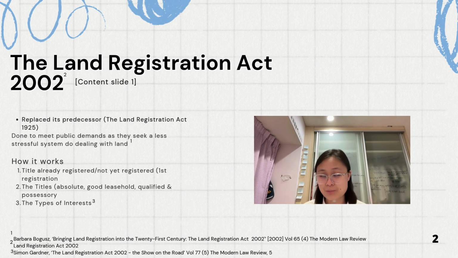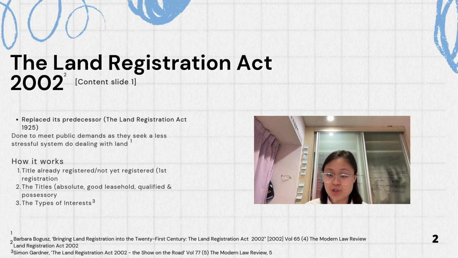If your title is not yet registered, then it will be your first registration, so you'll fall under section 27. That means all changes in ownership of the title and creation of legal interest affecting the title must be notified to the land registry in 2 months. Legal ownership won't pass to the purchaser unless they apply for the registration and are registered as the new proprietor. Thus, it will be Alan.